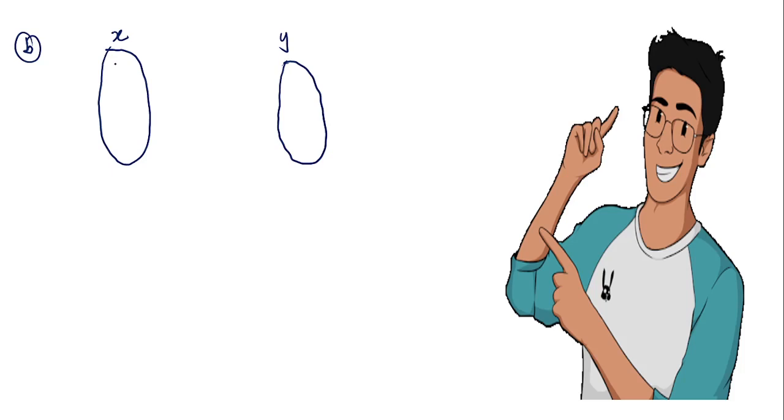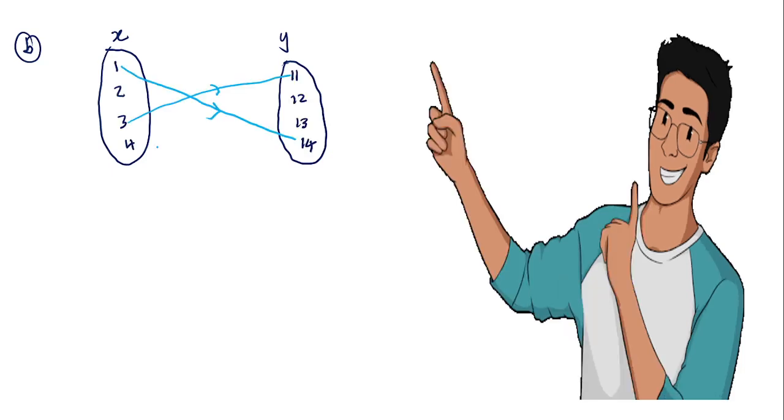In this case, what's happening is like this. This one has been mapped to 14, this 3 has been mapped to 11, and 4 has been mapped to 12. So guys, is this a function or not a function?